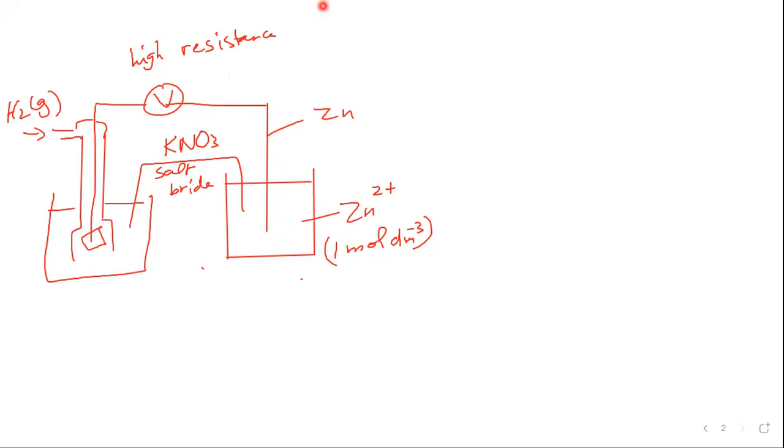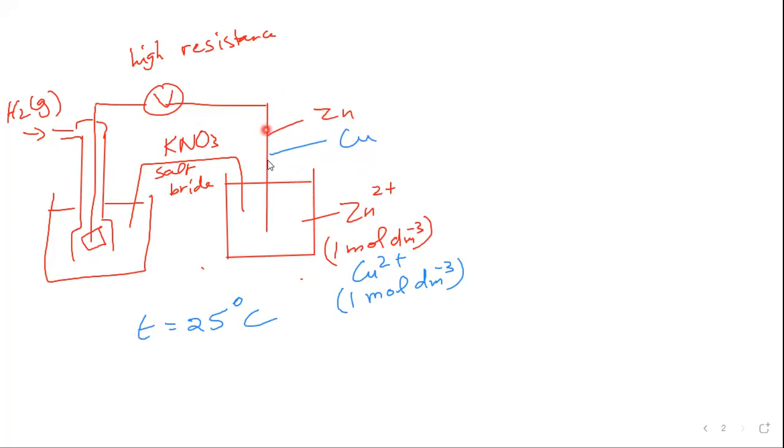The same applies if I want to measure the standard electrode potential of another electrode, for example copper dipped in a solution of its own ions, also at standard conditions. It means the concentration will be 1 mole per decimeter cube and the temperature 25 degrees Celsius. So the voltage reading we get in the voltmeter will be that of the standard electrode potential of the copper ions copper electrode, because it's the one connected to the standard hydrogen electrode.